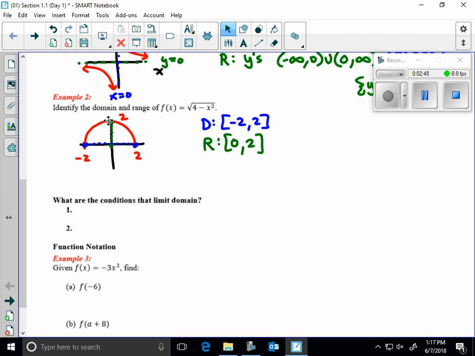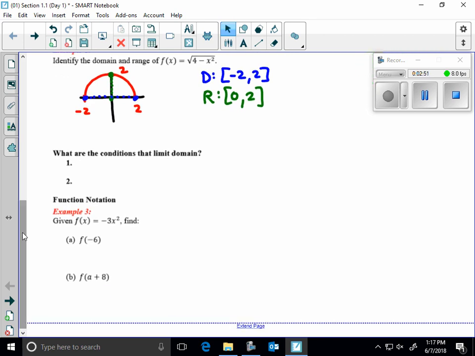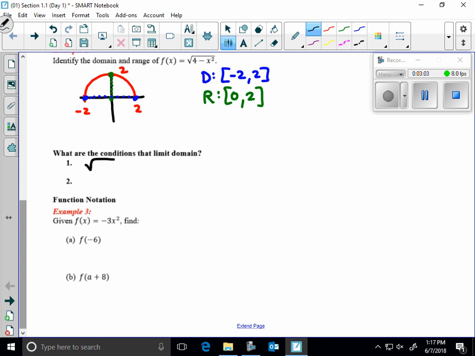So what are the conditions on the limit of the domain? Meaning, how is the domain limited? There's two different scenarios where that happens. One is if you have an even radical, like a square root or a 4th root or a 6th root or an 8th root, any even radical, this number right here. Typically you don't see it because it's a 2 and it's implied that it's a square root.